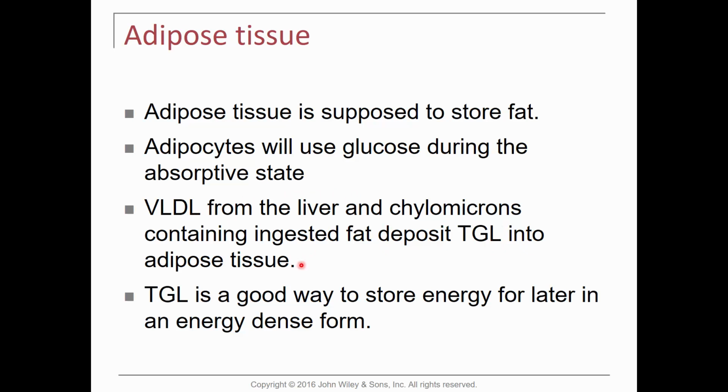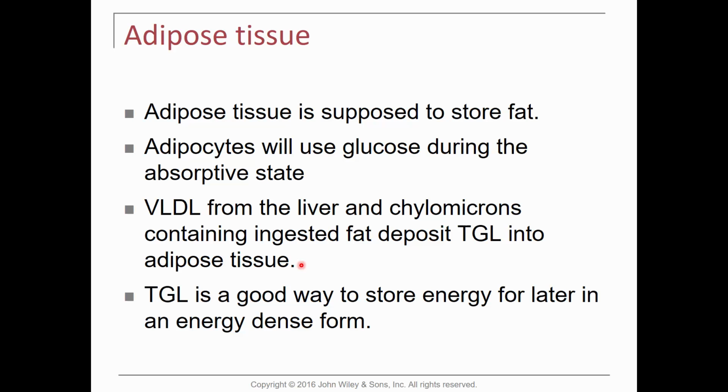Now remember how the fat got in the cells? Had to be broken down. So in the capillaries of adipose tissue is a special enzyme that's regulated by insulin called lipoprotein lipase. It breaks down a triglyceride into a monoglyceride and 2 free fatty acids.